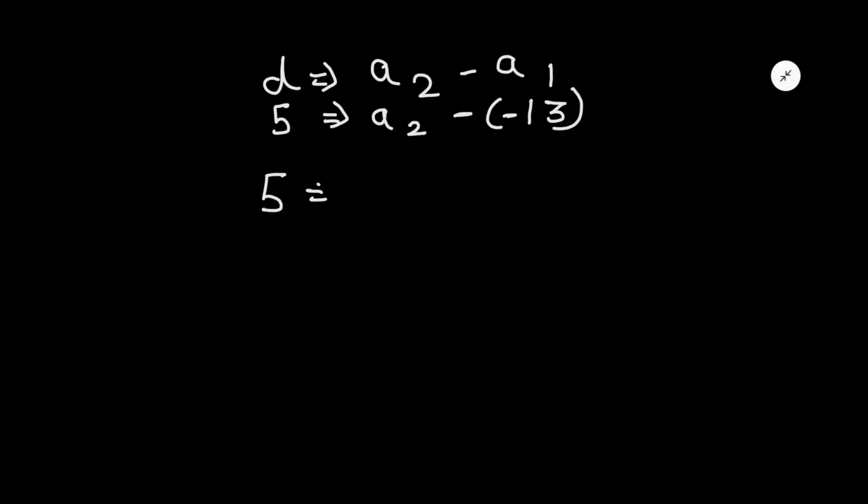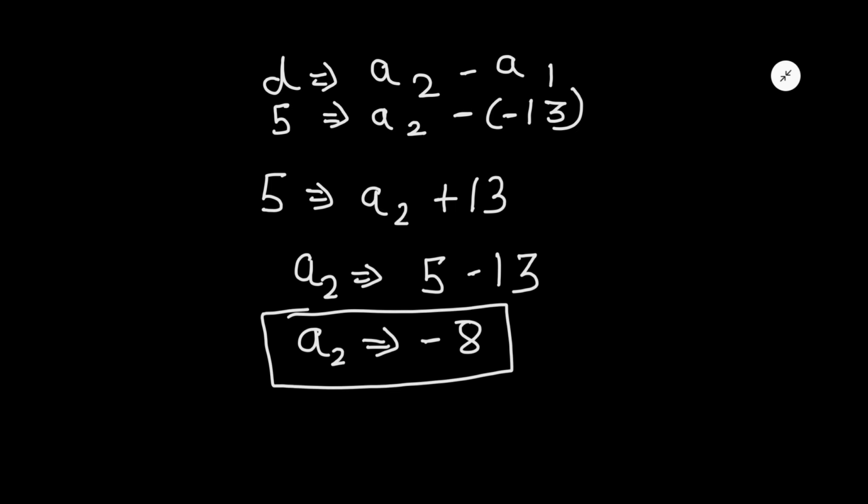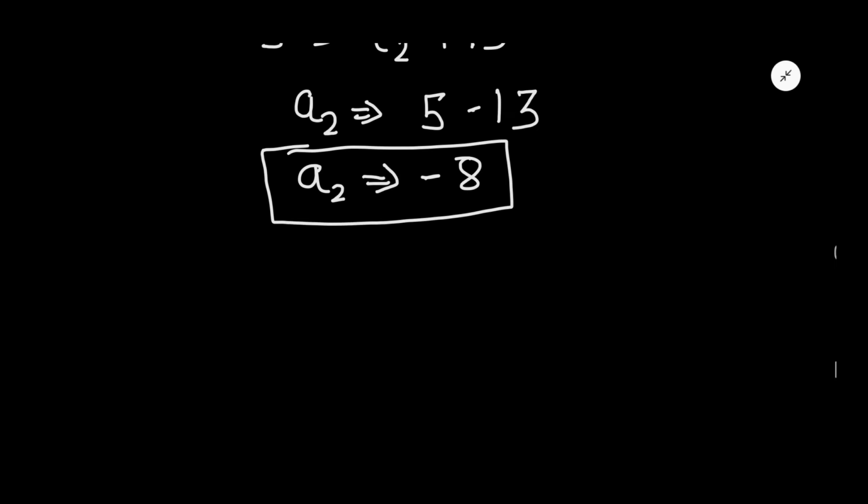So a2 plus 13, so the value of the second term is equal to 5 minus 13, which is equal to minus 8. So we found our first two terms: a1 is equal to minus 13 and a2 is equal to minus 8.